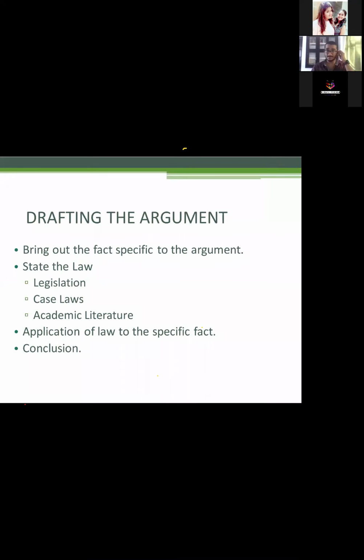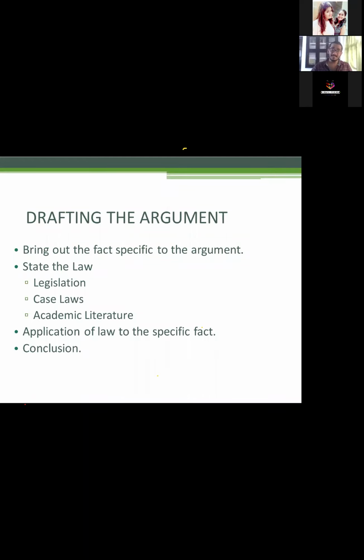academic literature. What is important here is you might move on to parliamentary debates, you might go on to research papers, you might go on to what luminaries in the field of law have suggested, or you might deal with specific reports or any other issues that might sway things to your favor.